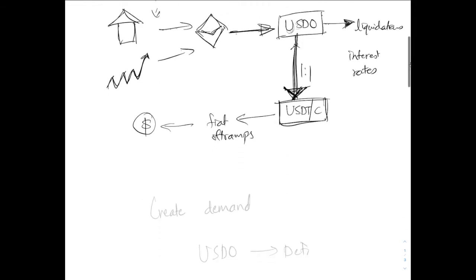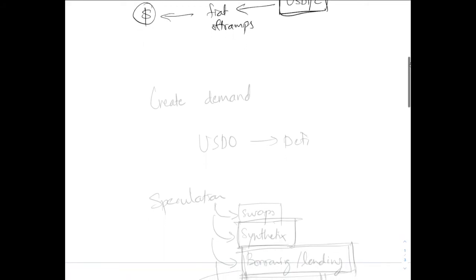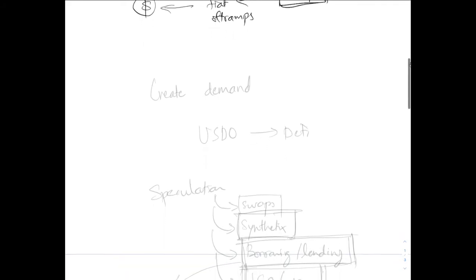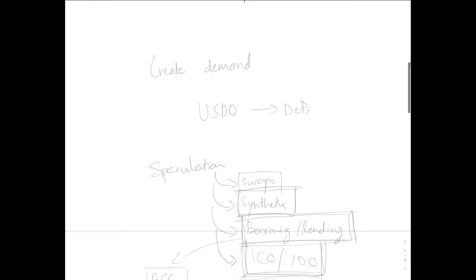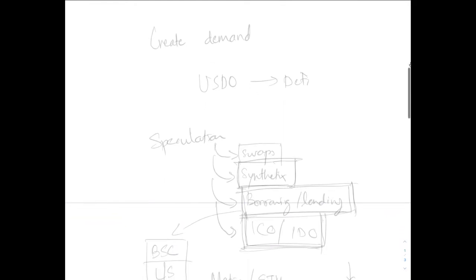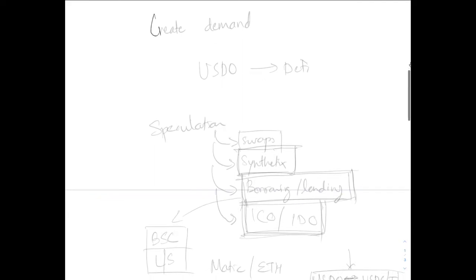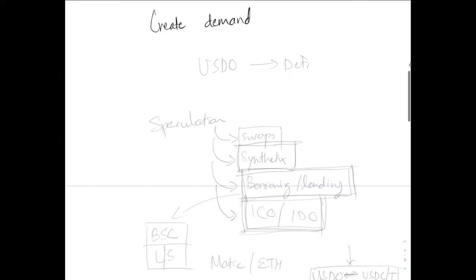But even if we have the peg, that doesn't mean that people are going to mint USDO. And if we don't have enough on-chain demand for USDO, then the reality is this liquidity is not going to establish itself. So first, what we need to do is create demand for USDO. And the reality is even just demand for on-chain stuff is enough.